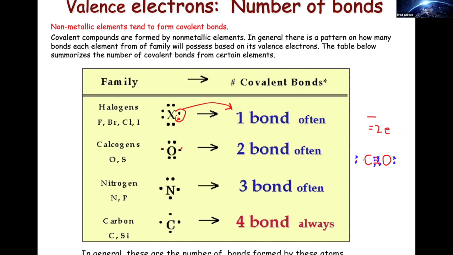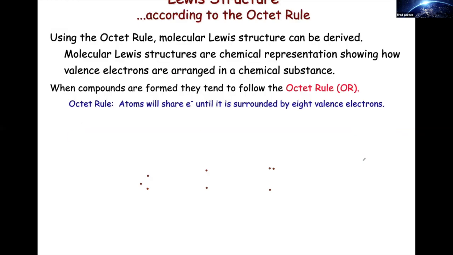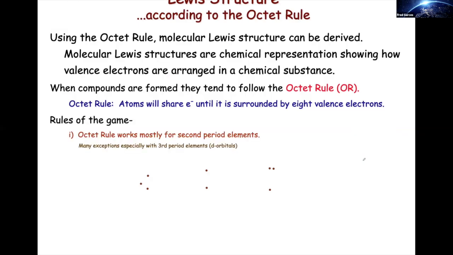Okay, so let's move on. Rules of the game. The octet rule works mostly for the second period. If you have an element in the second period, it almost always obeys the octet rule. Hydrogen prefers only 2 electrons, not 8. It doesn't obey the octet rule.